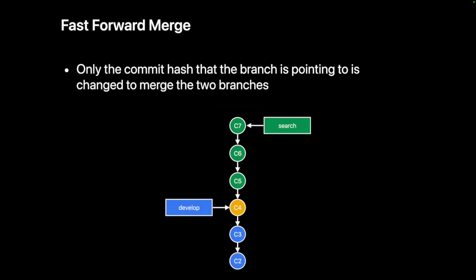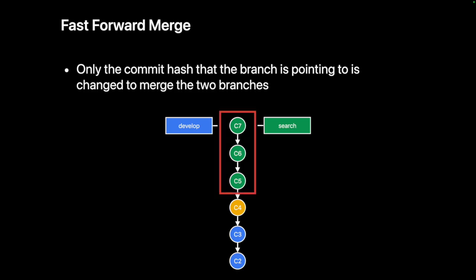We need to make the develop branch include these three commits. To do this, we change the hash that the develop branch points to from C4 to C7. Now, the develop branch points to the C7 commit and it includes commits C5, C6, and C7.